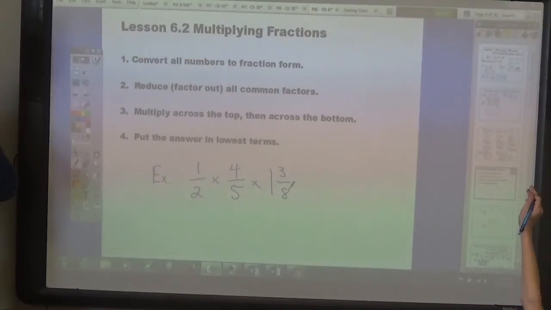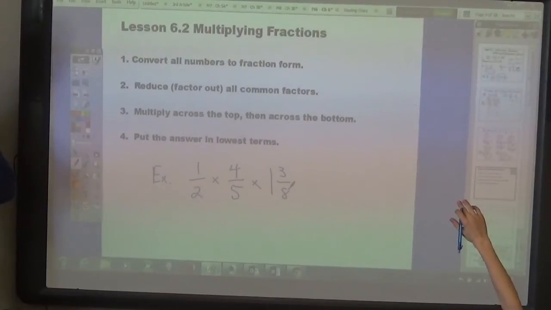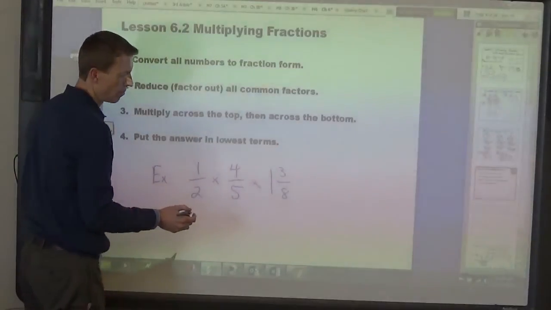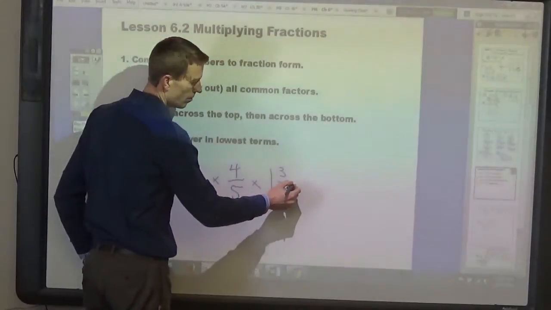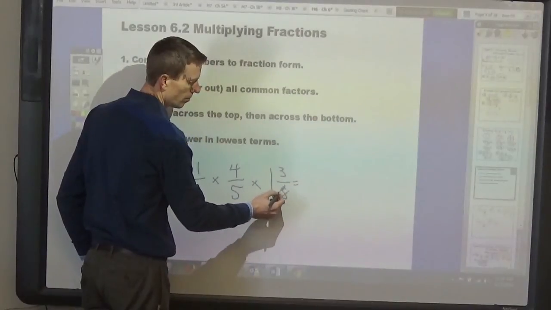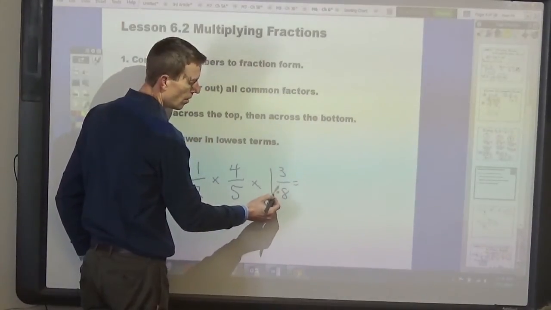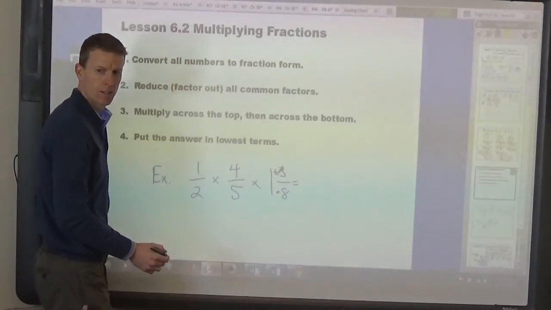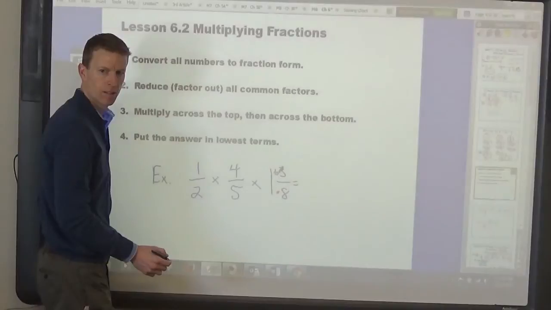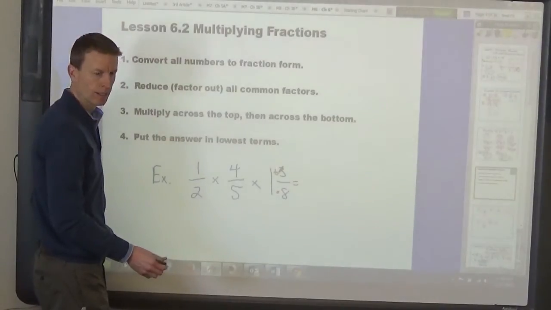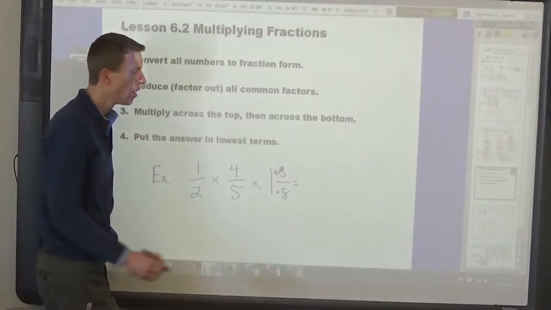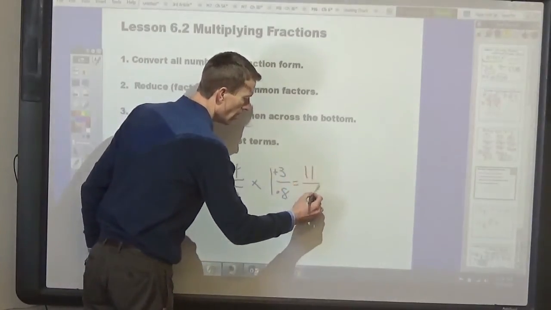You have to make sure they're all in fraction form. So for the 1 3/8, you have to make the 1 into 8 over 8. So 1 times 8 is 8, plus 3 is 11 over 8.